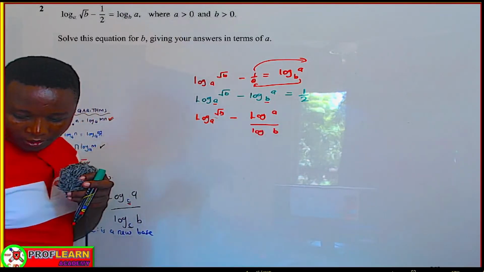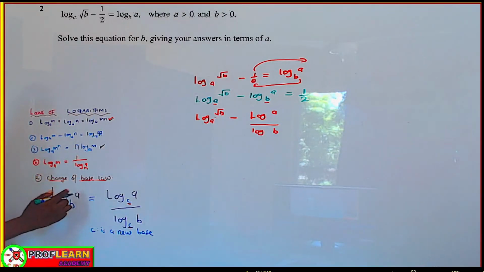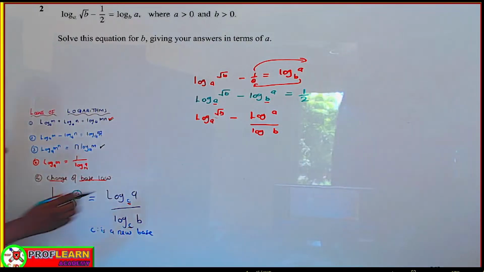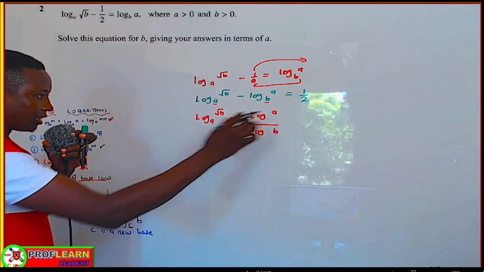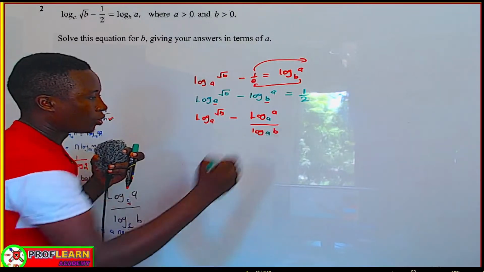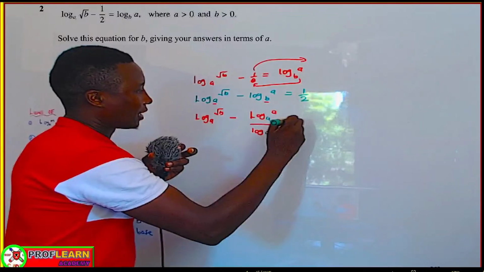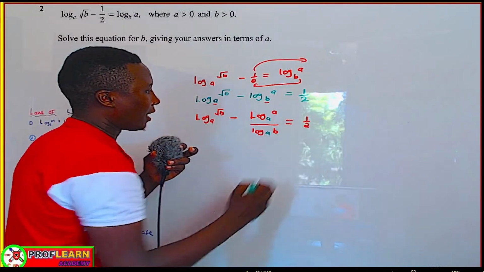Remember, we said first you take the log of the number here and the log of the base. So that is what I've just done. Since we want base a, we introduce base a at that point, and this is actually a half.